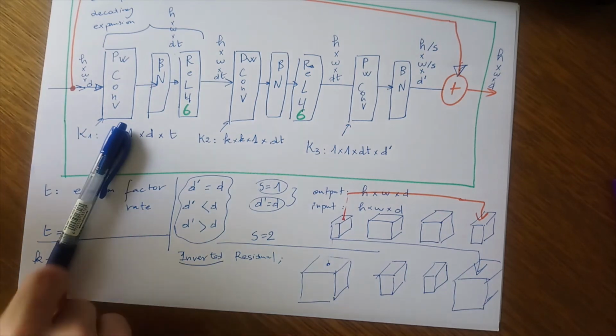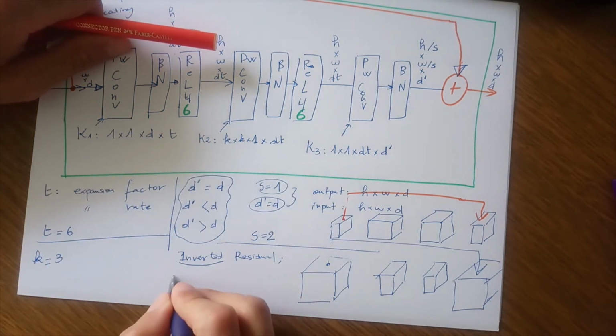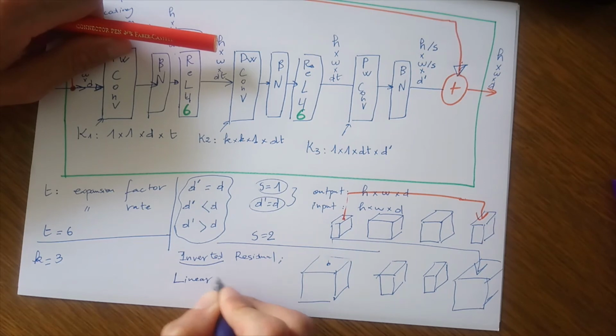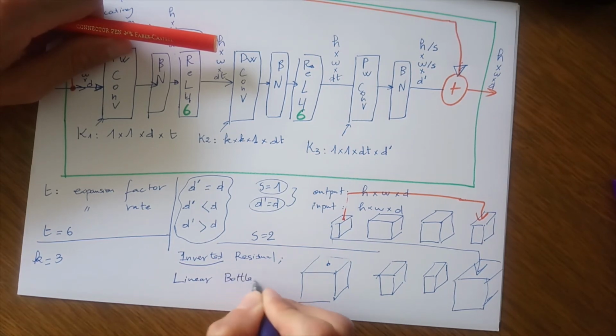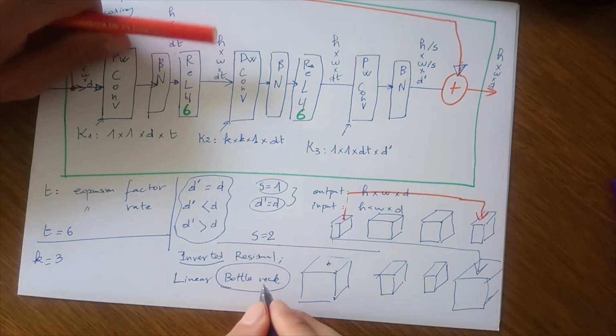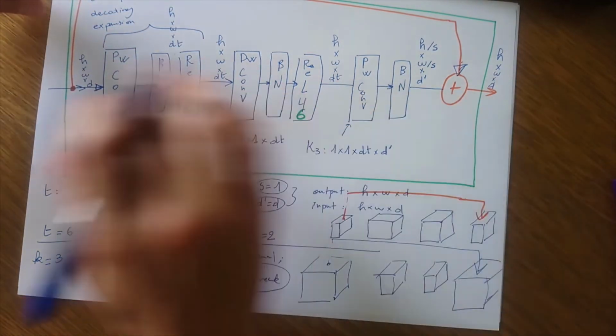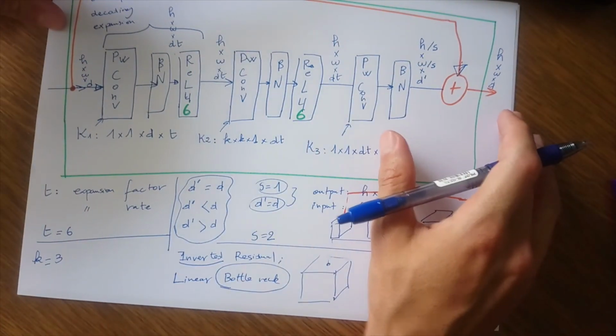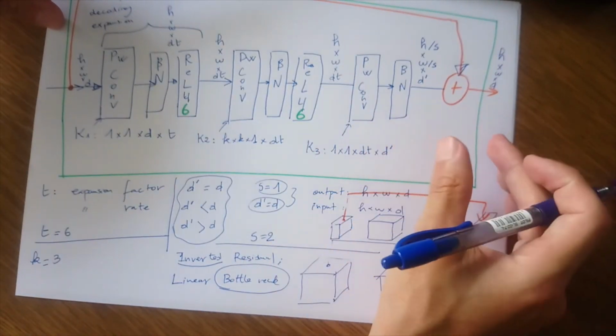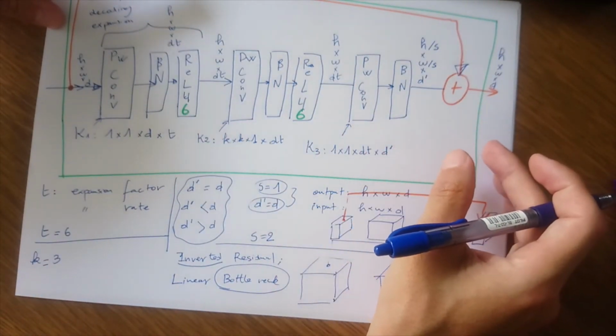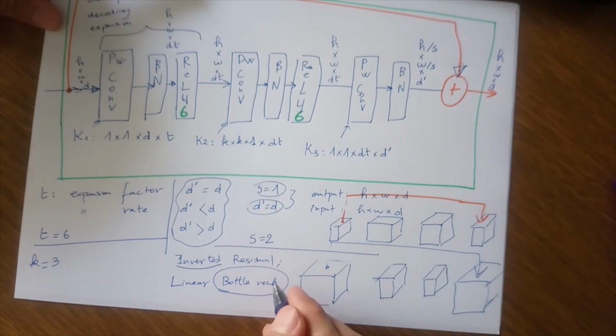There are another two terms: linear bottleneck. Bottleneck in this context means the thin inputs and outputs. Since these inputs and outputs are thin, that is, they have a small number of channels, they call it bottleneck.